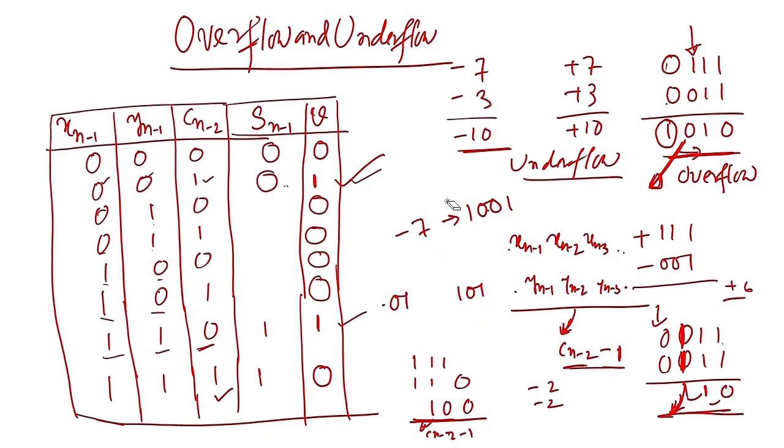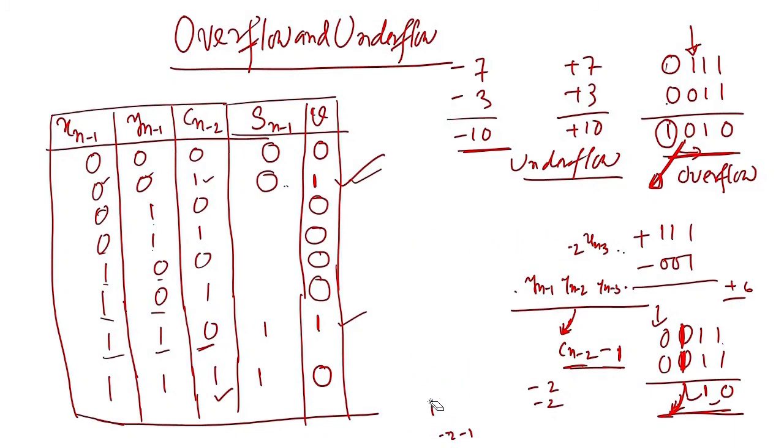Okay. So, let us say we are adding one positive number to minus 7. What is the value of minus 7? Minus 7 will be 0 1 1 1, so it is 1 0 0 0, then add 1, so this is 1 0 0 1, which is minus 7.